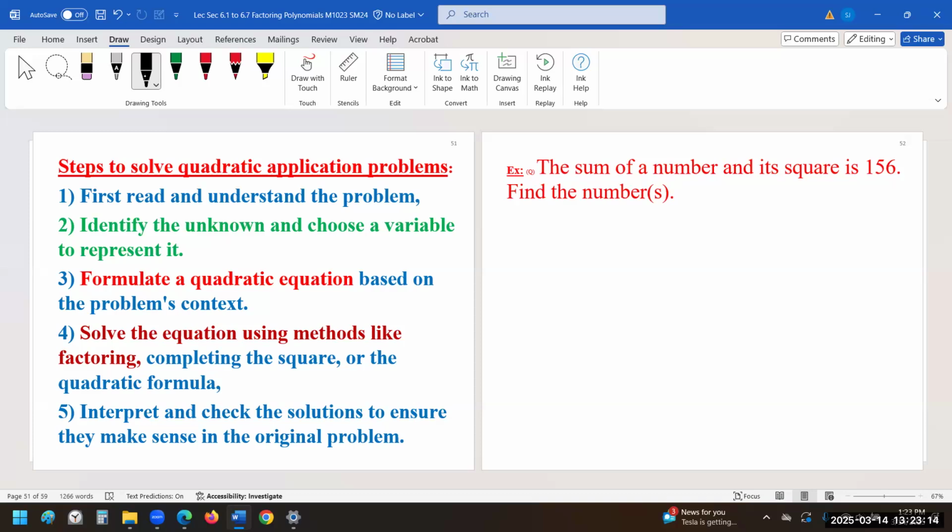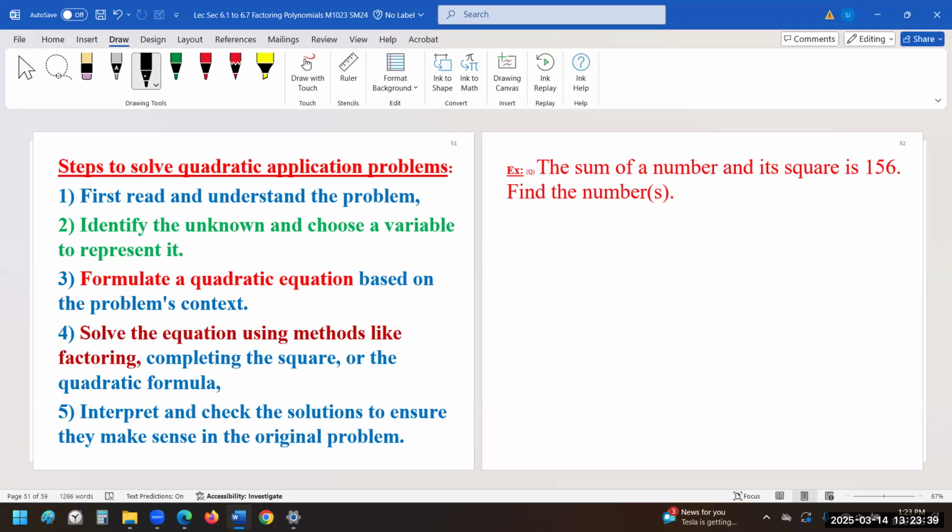It's 2, because 2 squared is 4, and 2 plus 4 is 6. See? This is what they're asking. There is a number. If you add its square to it, the result is 156. Can you think of that number?